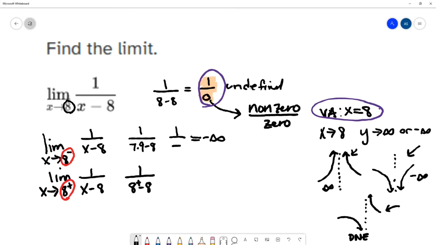But if I know it's a little bit more than 8 minus 8, that's going to be a plus. So I get a positive infinity. So that tells me that my asymptote is behaving like this, where one side goes to negative infinity and one goes to positive infinity. So that means this limit does not exist.